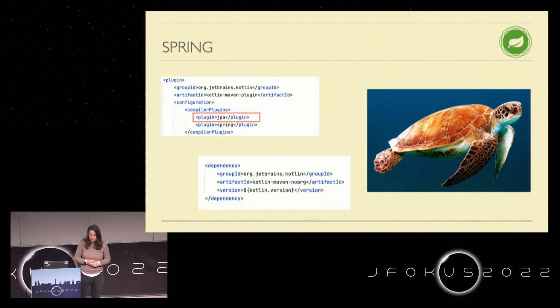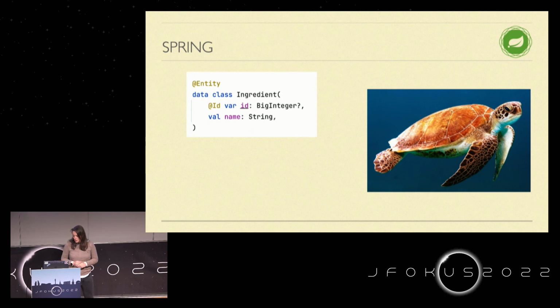So we don't have that default constructor. So you need a compiler plugin, there we go again with the magic, to have a no-arg constructor so that JPA is able to populate the values. The default constructor won't be accessible throughout your codebase. It's only accessible for JPA. So this is why you might not know that it's there.